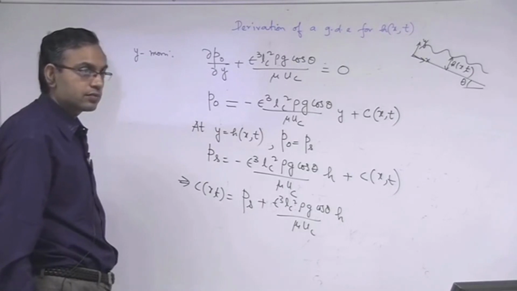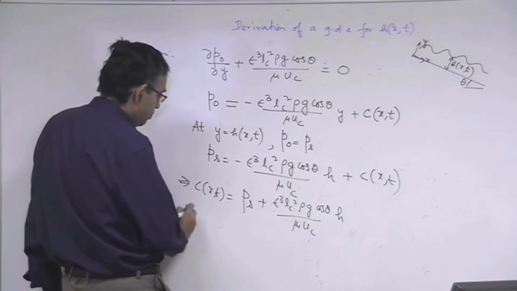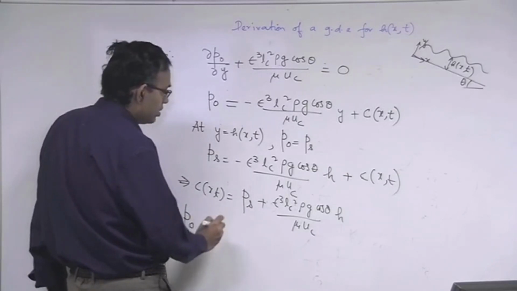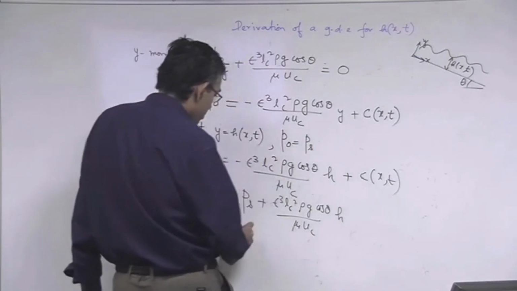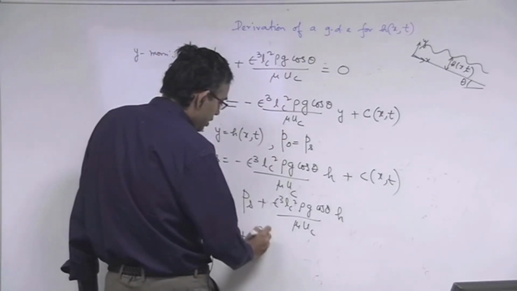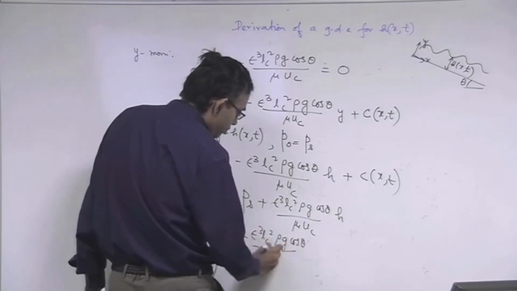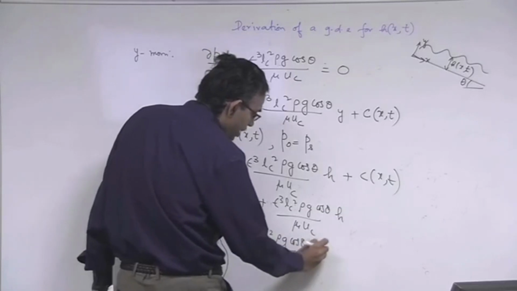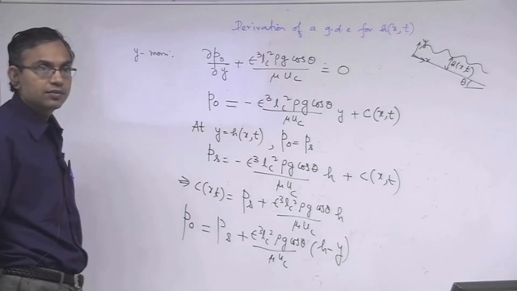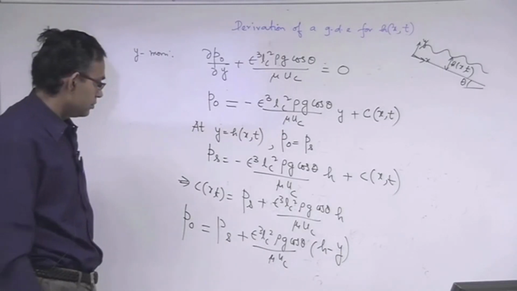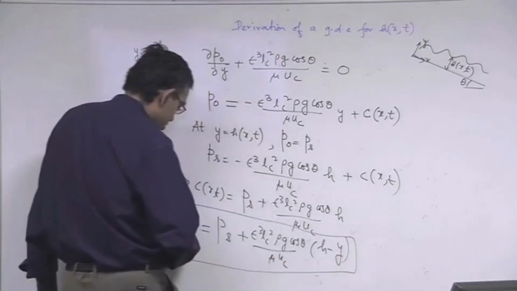So we can write P0 is equal to Ps plus epsilon cube LC square rho g cos theta by mu UC into h minus y, where h is a function of x and t. This is the governing equation for P0.